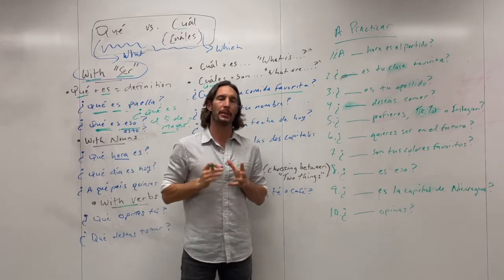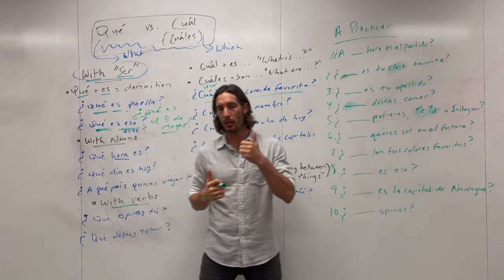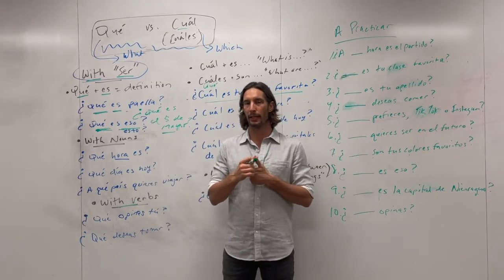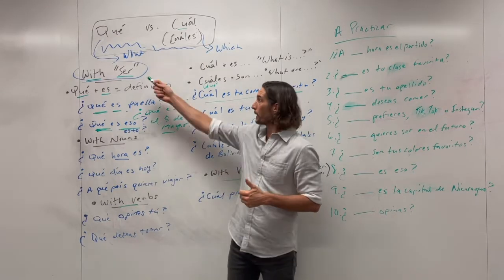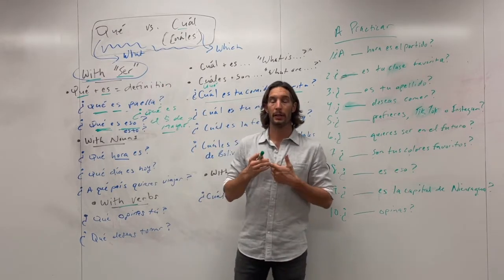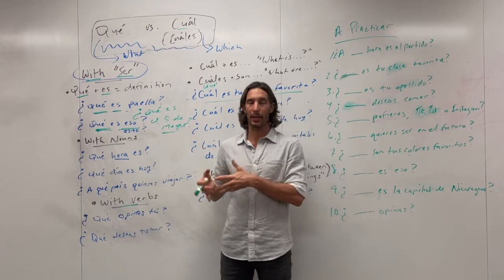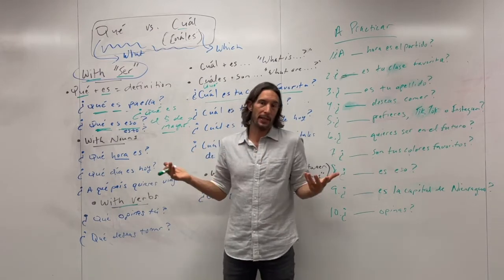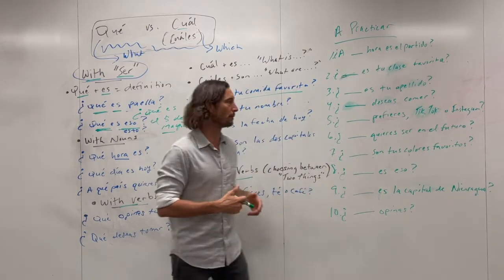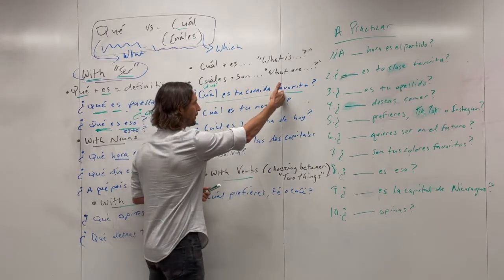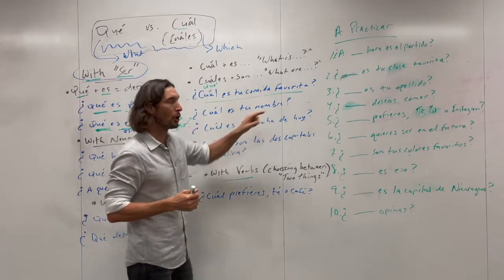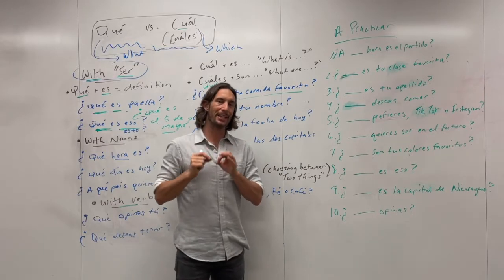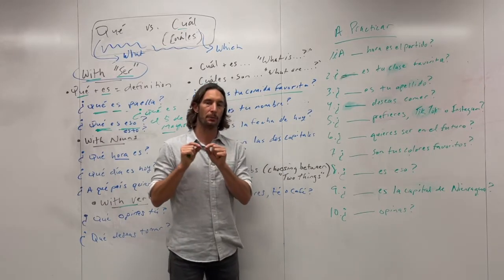Now that's a common mistake, and I'll tell you why. Because a lot of times as people are learning the language, they learn that qué, as we have up here, means what? Then they learn that es is that conjugation of the verb ser, which means is. And then someone might learn tu comida favorita or tu nombre. And so it might seem like the right way to go about it is by using qué.